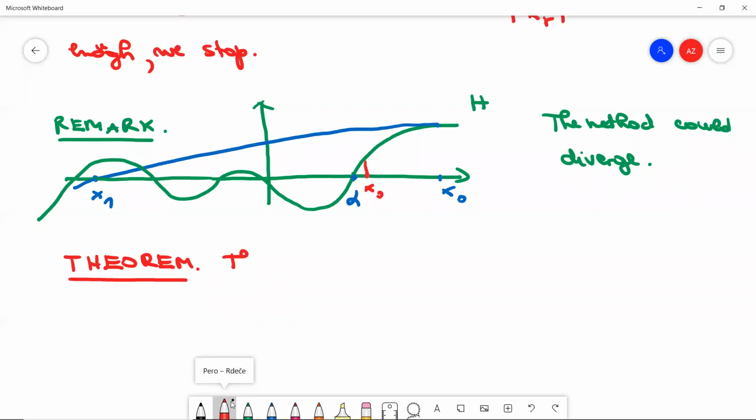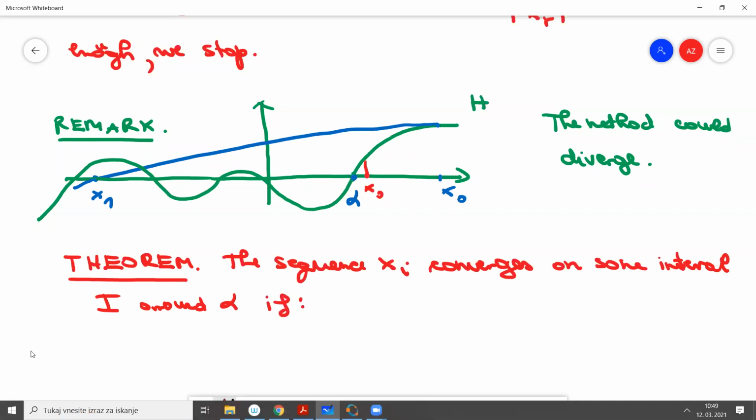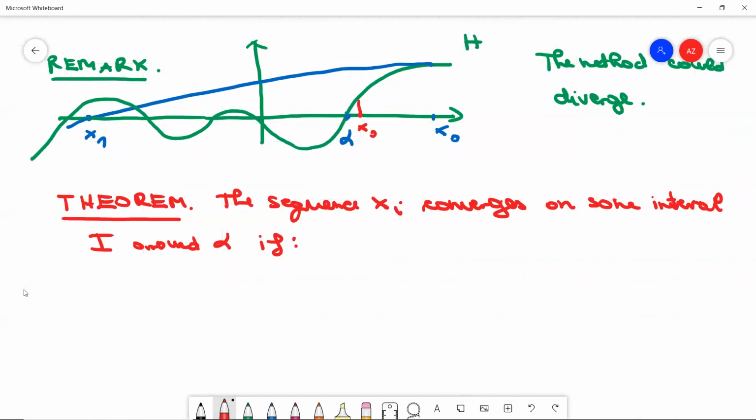The sequence x_i converges on some interval I around the actual solution, around alpha, if we have two conditions.